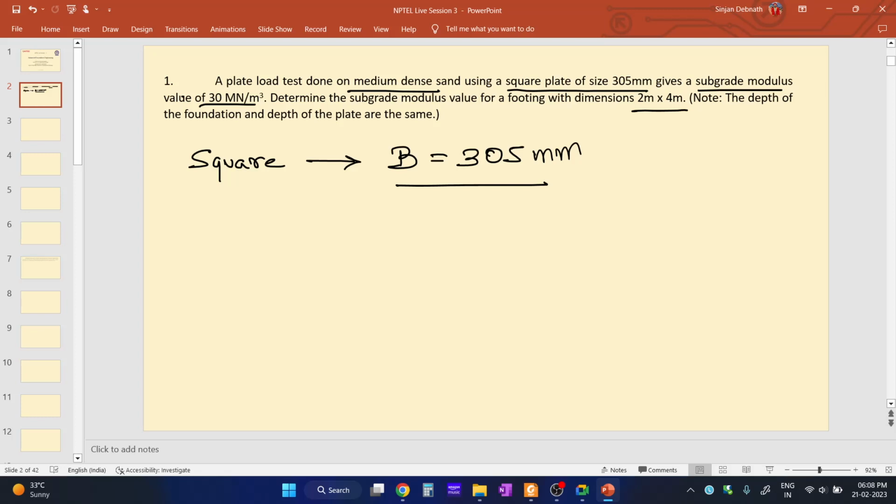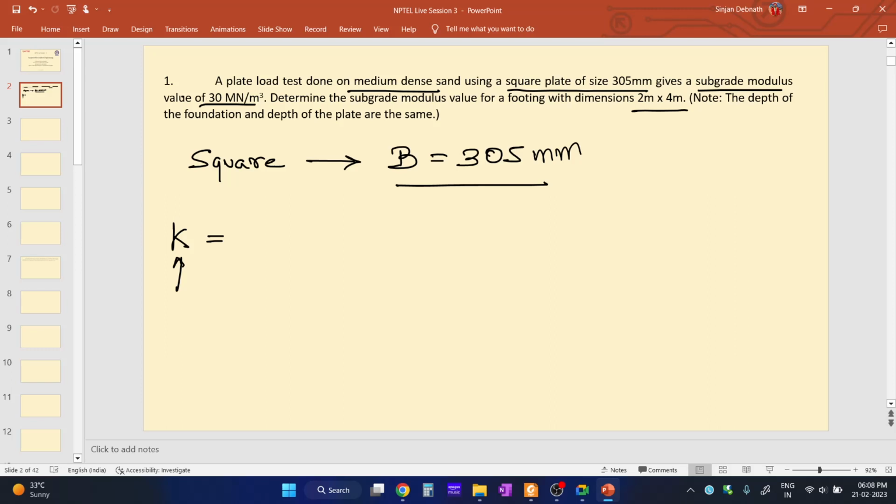So Terzaghi did all the tests using a square plate of 305 millimeter side. In order to incorporate the size effect, this K value is the subgrade modulus that you get using a larger square plate.